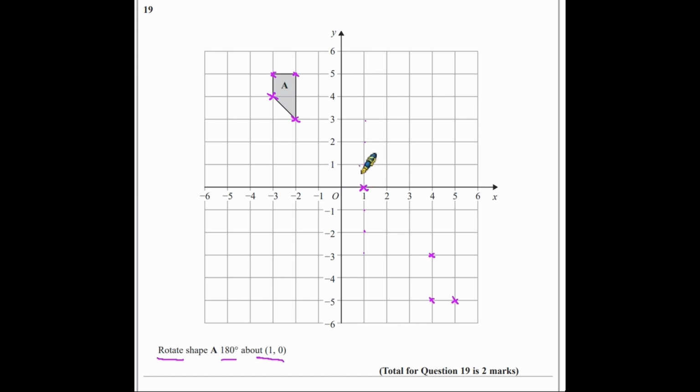This one from point of rotation is 4 up and 1, 2, 3, 4 left. So we're going to go 1, 2, 3, 4 down and 1, 2, 3, 4 right. We've now plotted all 4 corners of the shape. Therefore, if we complete it, it is going to be like this. We have now rotated it 180 around the point that we were given.